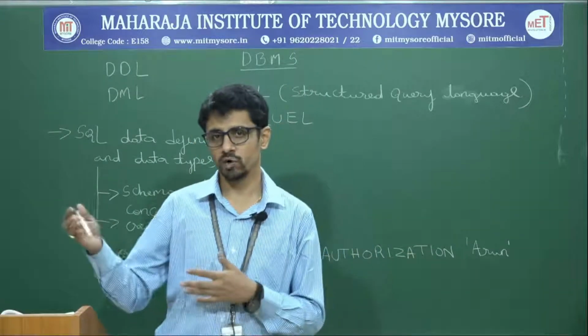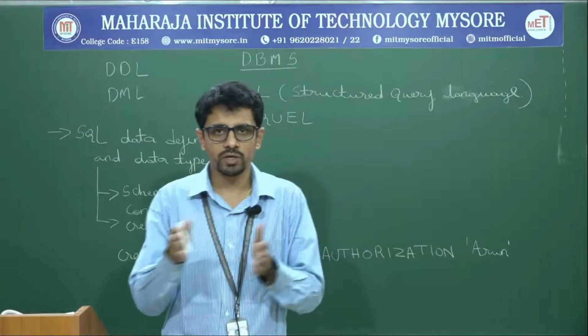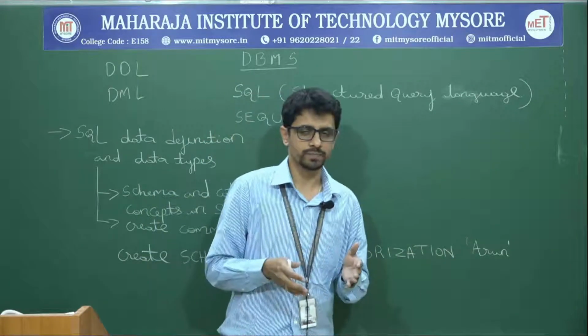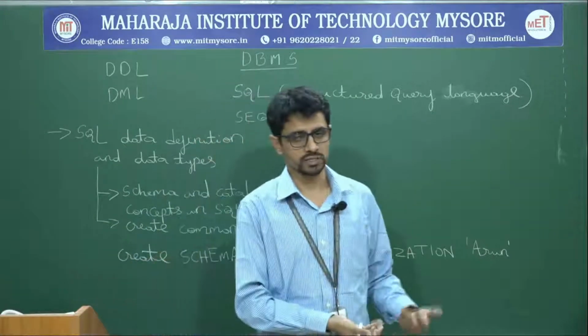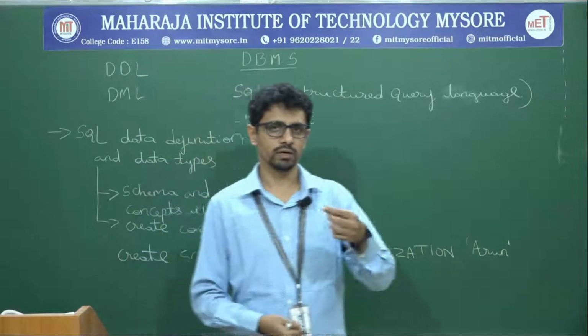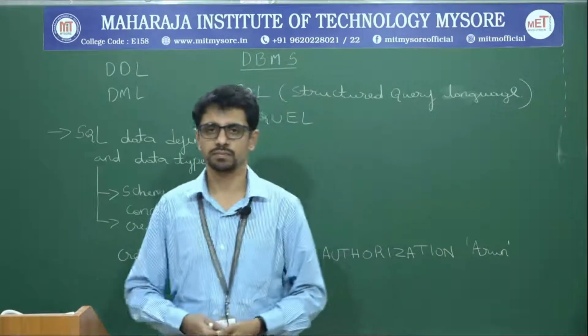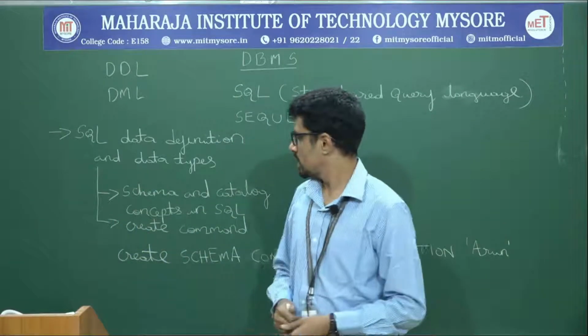Whatever you call a relational model, here we call it a table. So there are some terminologies which I will be using interchangeably with respect to your relational model and the way it has to be used in the SQL programming language.